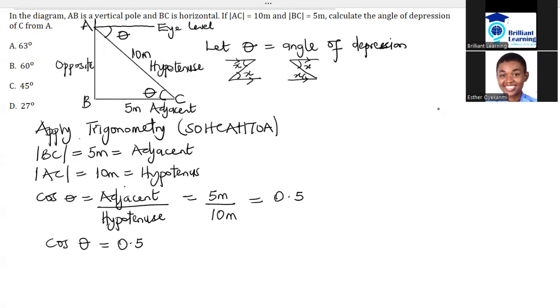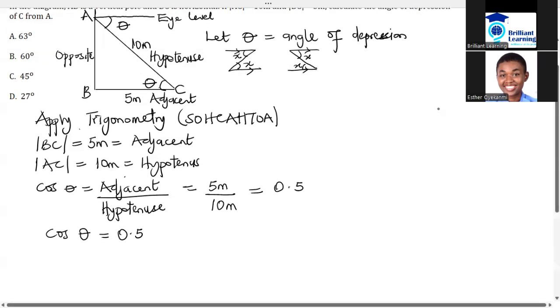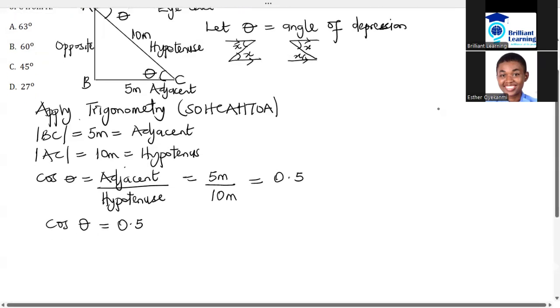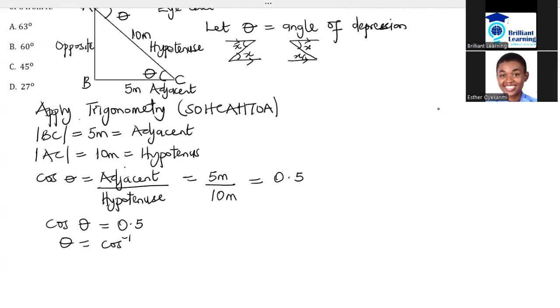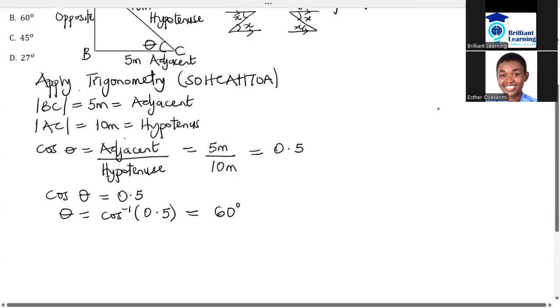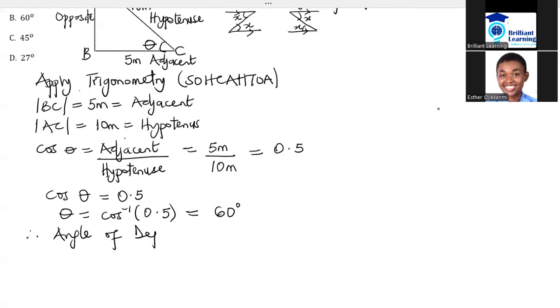So the next thing we'll do, we'll take the inverse of both sides, and that will lead us to theta equals arc cos, that is the inverse of cos, of 0.5. When you press this in your calculator, the answer will be 60 degrees. So we have obtained the angle of depression. Angle of depression in this question is theta and is 60 degrees.